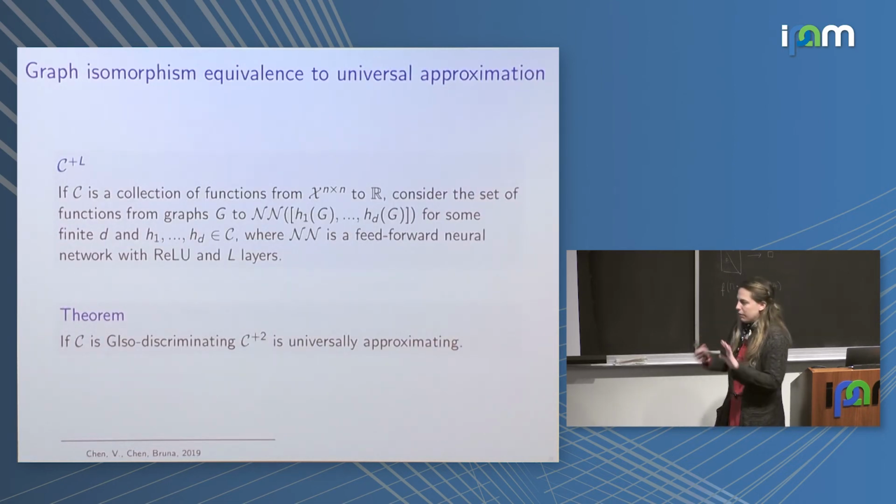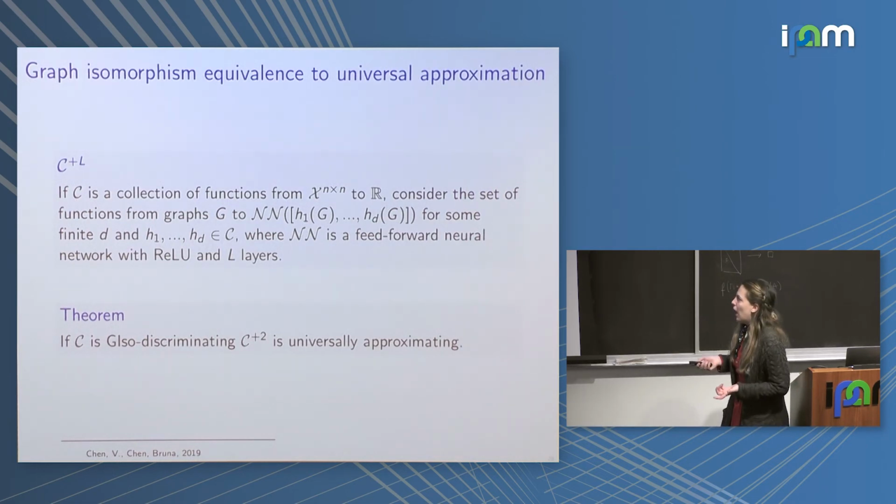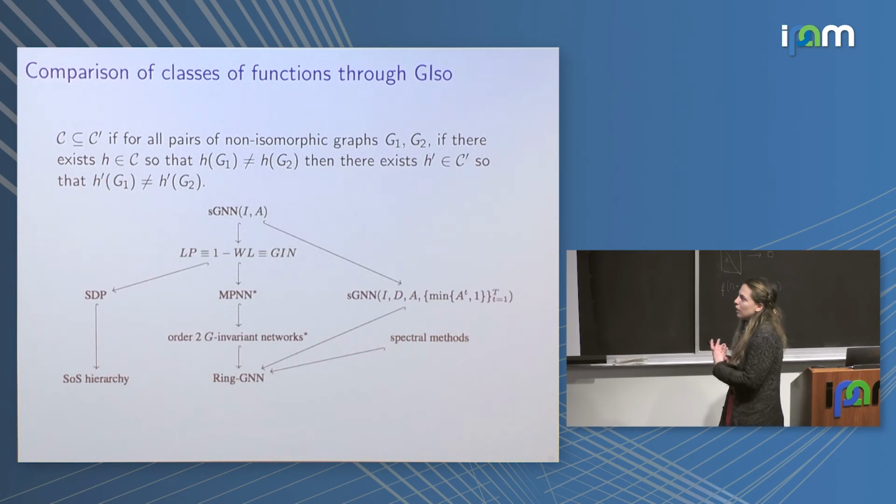And also, if you have a class of functions that can solve the graph isomorphism problem, then you can construct a neural network that can universally approximate all invariant functions. So looking at universal approximation and looking at solving graph isomorphism is kind of equivalent in a sense. And we can use this tool to look at different classes of graph neural networks and compare their expressive power.